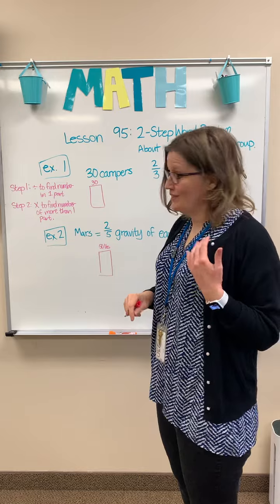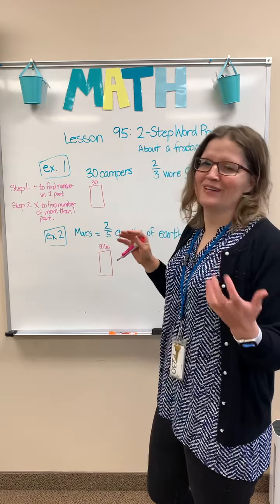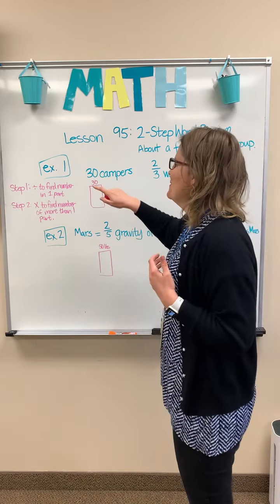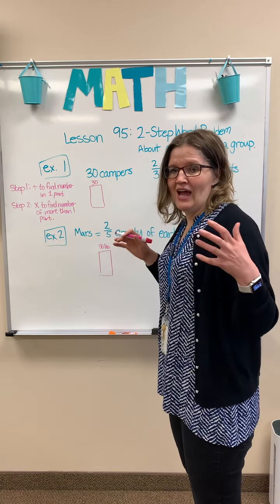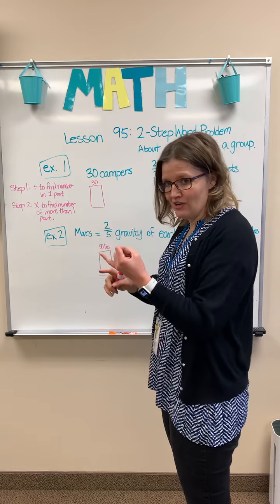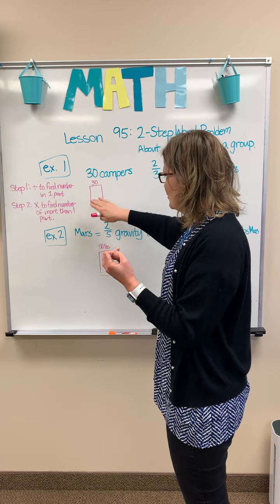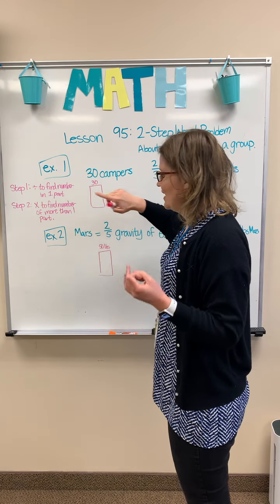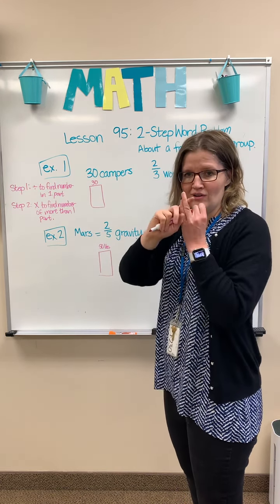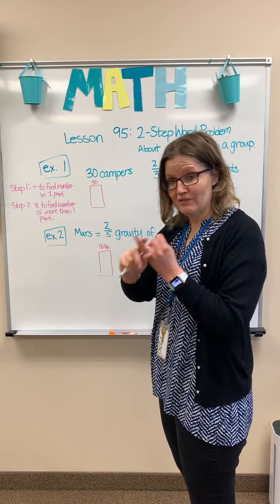I know this is a big question that weighs on our minds. Well, our first step is we need to find out how many are in each third, and then how many are in 2/3 of the group.